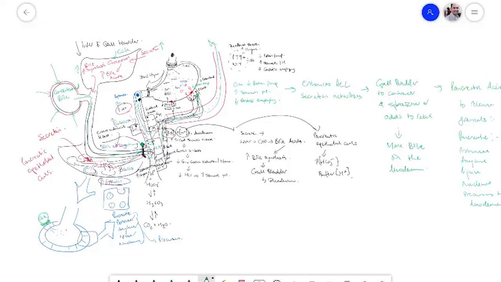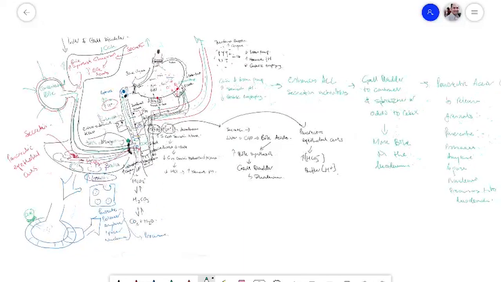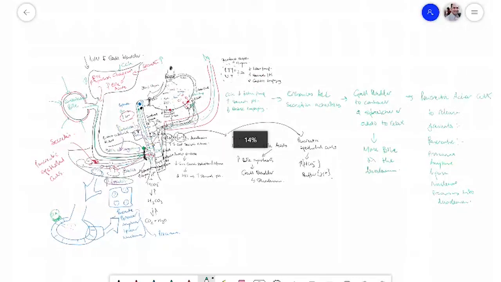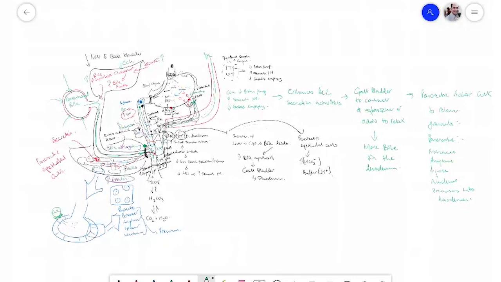So all of this stuff that we've been dumping into our duodenum, we're preparing the body via insulin into an anabolic state, good God, I still haven't got it all on one page. There. That we're going to be able to actually process it and get it to where it needs to go so that we can actually make use of it. Lovely. That's it. Well, I say that's it. I mean, that's it for the intestinal part.